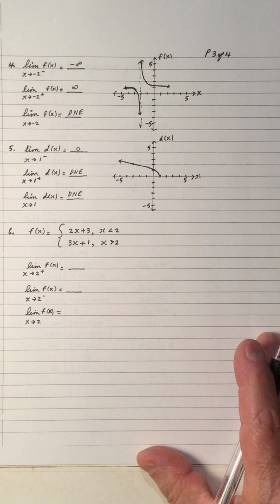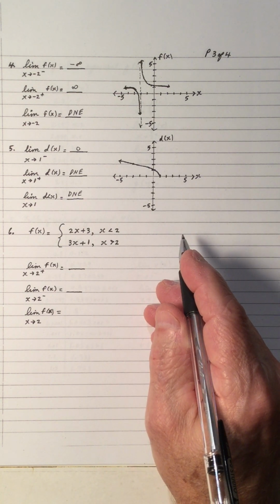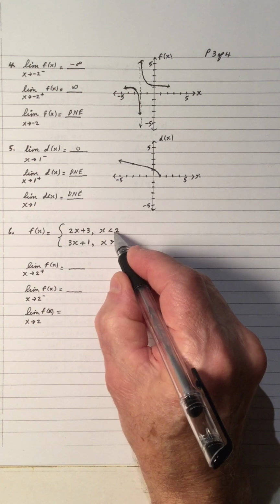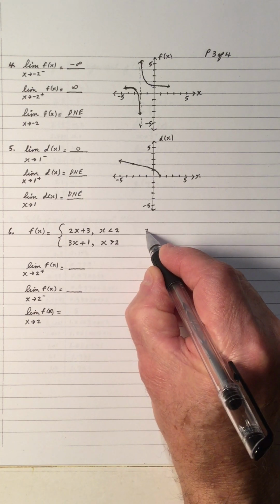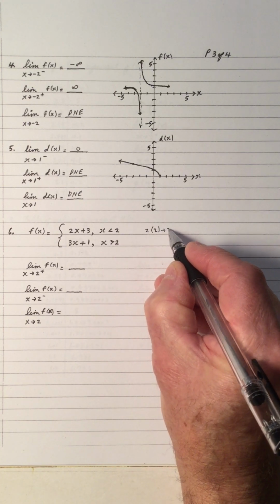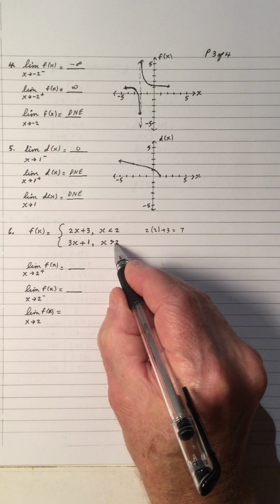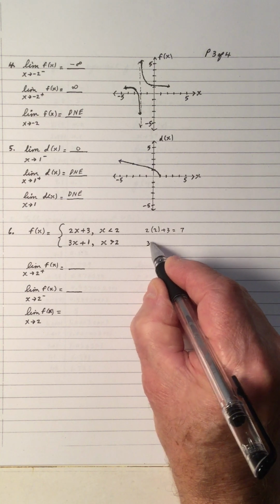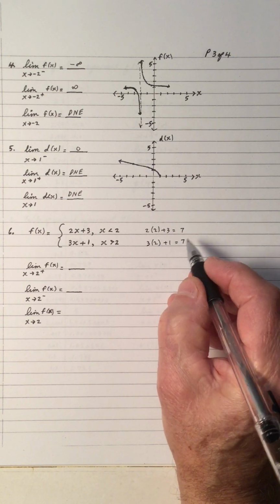And another way to represent this is in a piecewise function. We have 2 here, so we take the 2 and plug it in here. 2 times 2 plus 3 is 4 plus 3, which is 7. We put a 2 in here too: 3 times 2 plus 1 is 7.